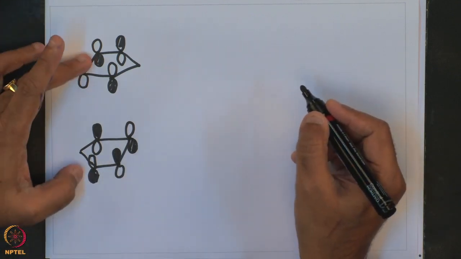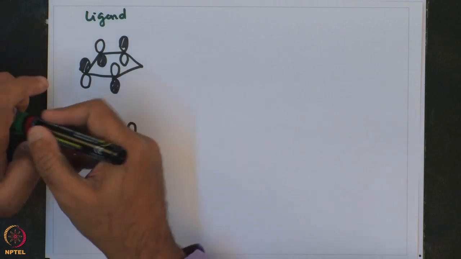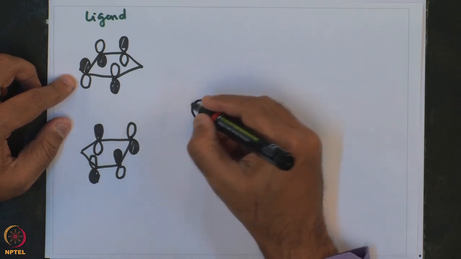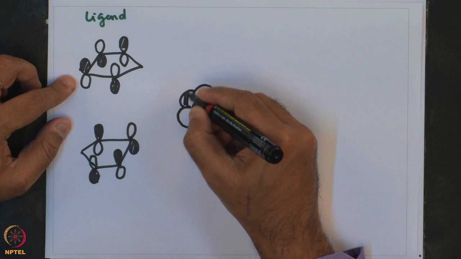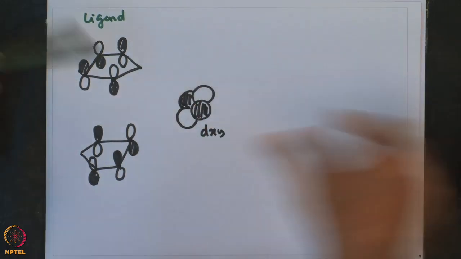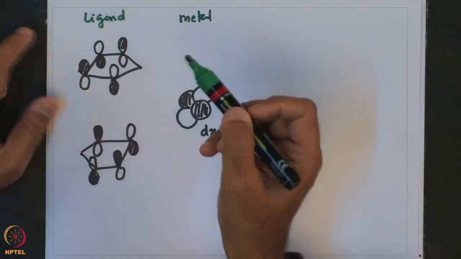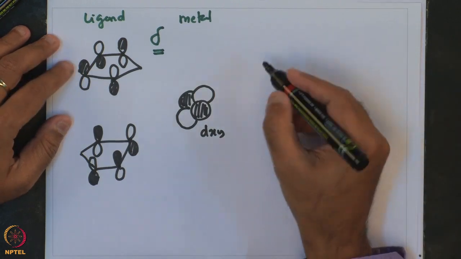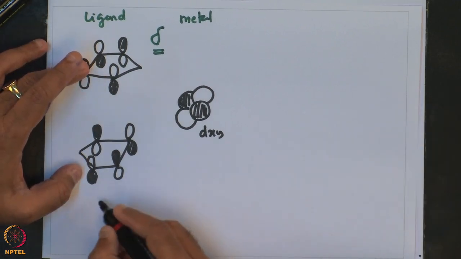So, these two orbitals of the ligand interact with a metal orbital, which is dxy. This is the metal orbital, and such an interaction is called a delta type interaction, and this combination of ligand orbitals is called an E2g ligand orbital.